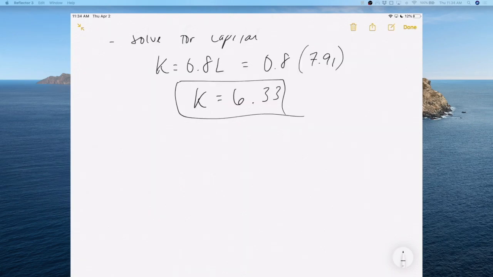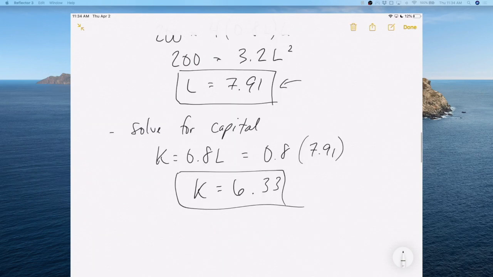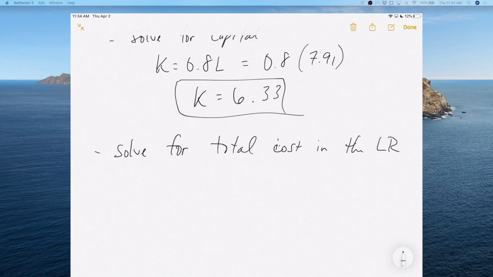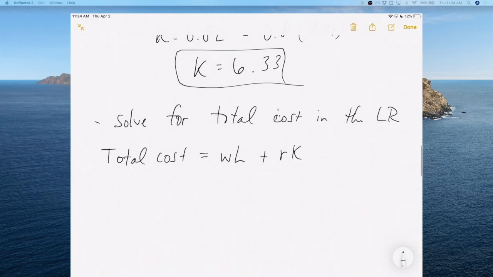Okay. Now we find our total costs. We've solved for labor, we've solved for capital. Now we just have to solve for total cost in the long run. Total cost, remember, same as in the short run, is equal to the wage rate times the amount of labor plus the rental rate times the amount of capital.